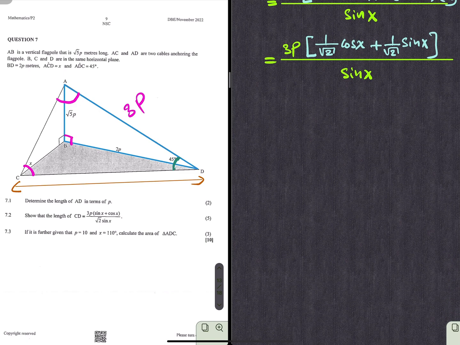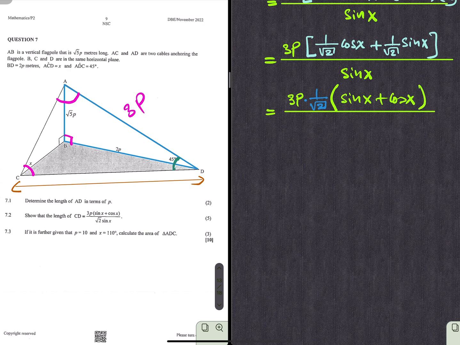You close it. And you can see that inside those brackets, there's something which is common, and that is 1 over root 2. So I'm going to get 3p there, and then take 1 over root 2 out. So this becomes 1 over root 2, and then multiply this by, I'm left with sine x plus cos x inside.